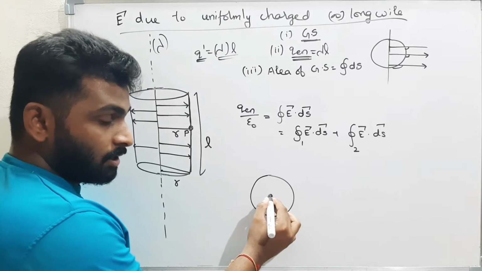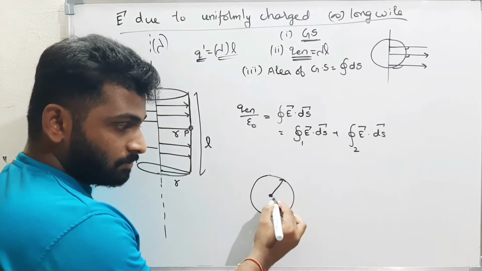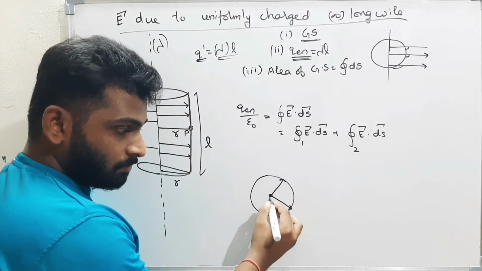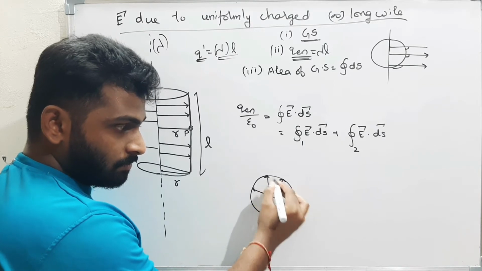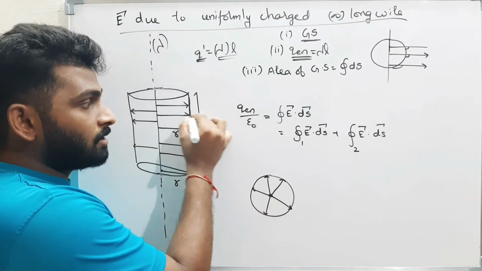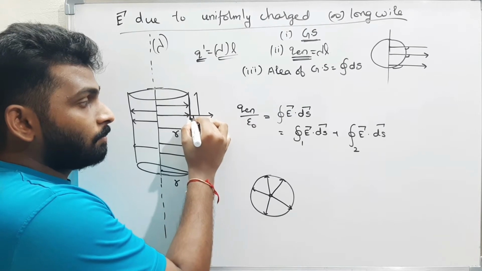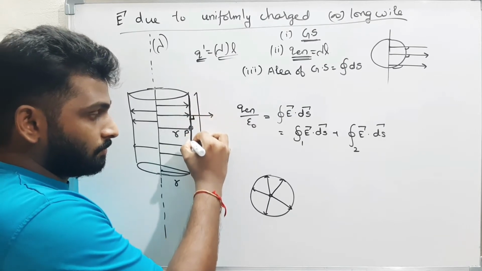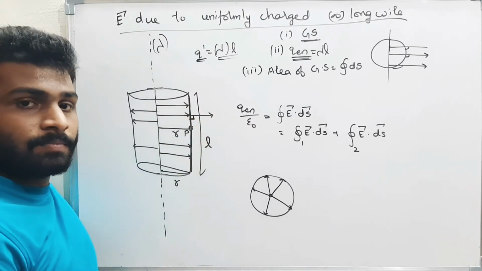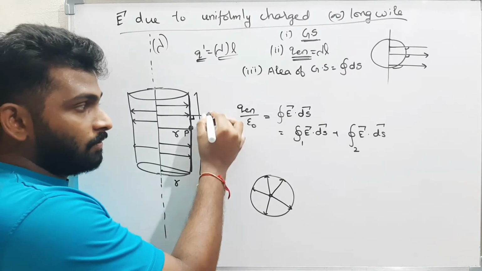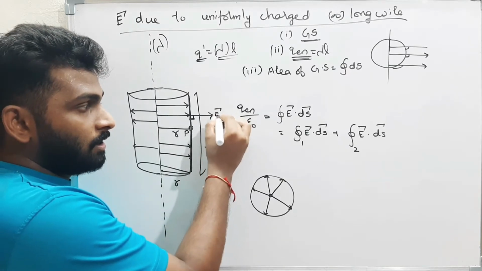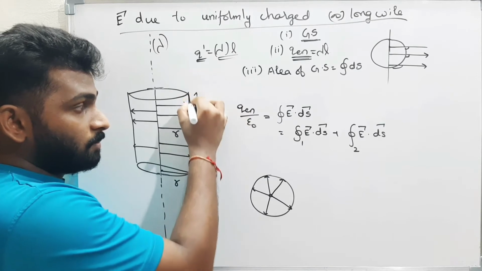It means this is a wire, and the electric field lines will be like this. That means these electric field lines are perpendicular to this plane. Okay? These electric field lines are perpendicular to this plane.